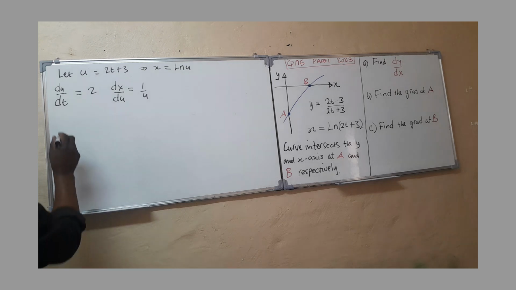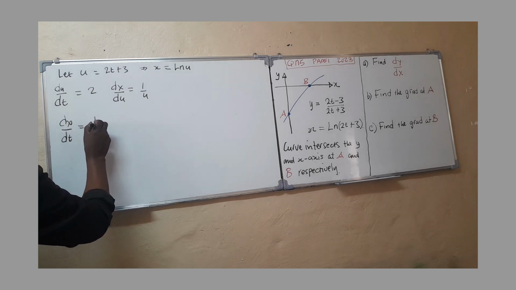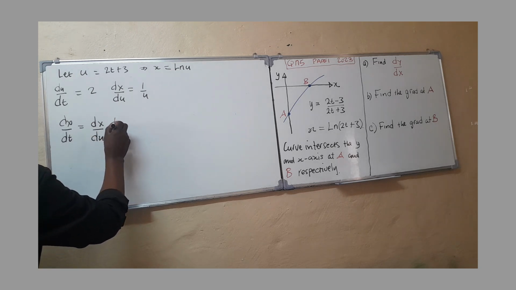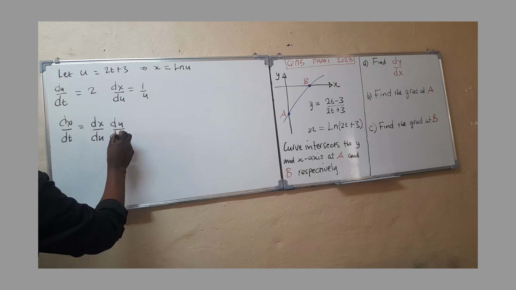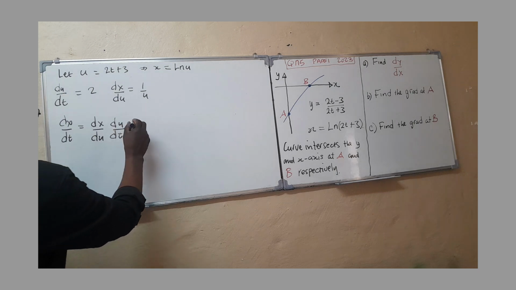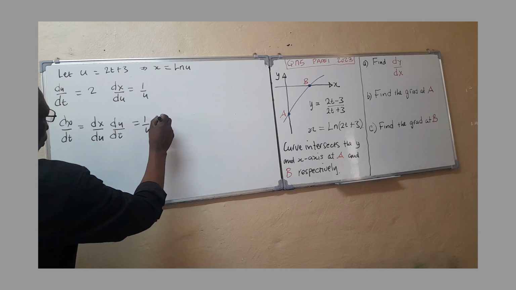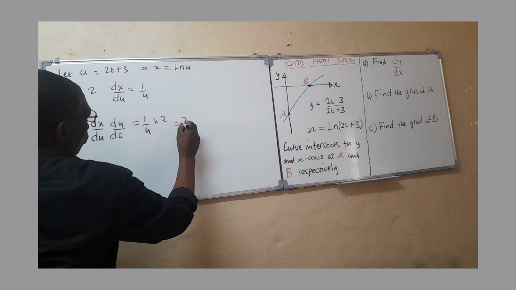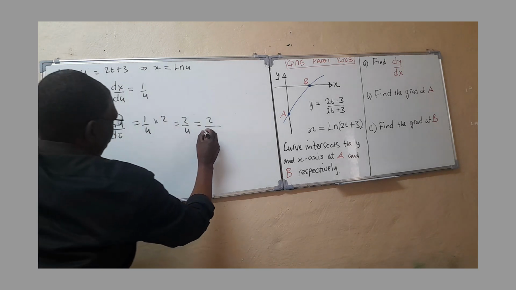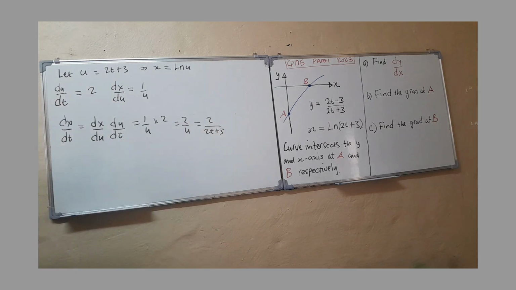Now the chain rule says dx/dt is equal to dx/du times du/dt. Plug the values in. dx/du is equal to 1 over u. du/dt is equal to 2. So this becomes 2 over u, which is equal to 2 over 2t plus 3. So that is our dx/dt.